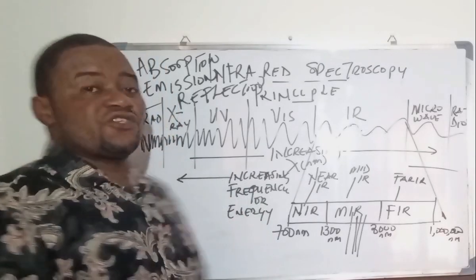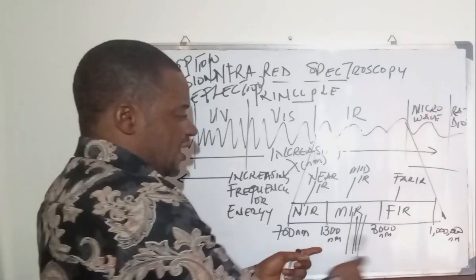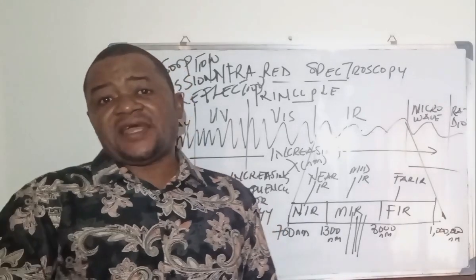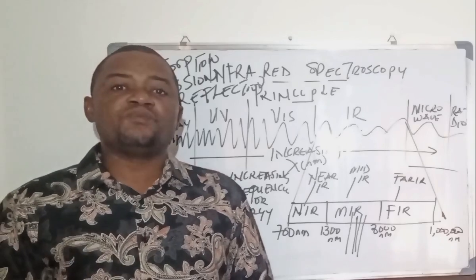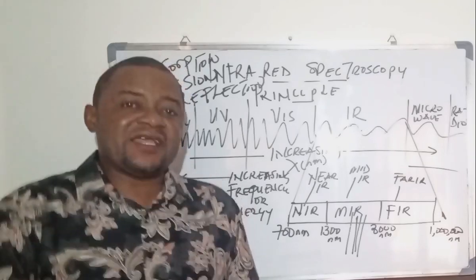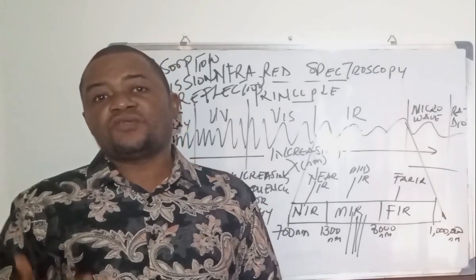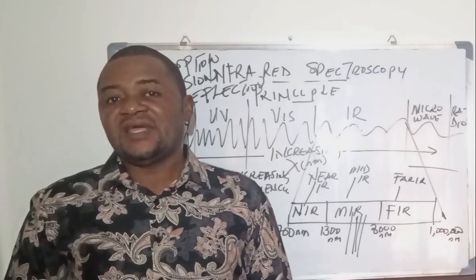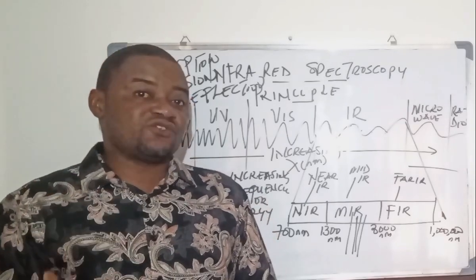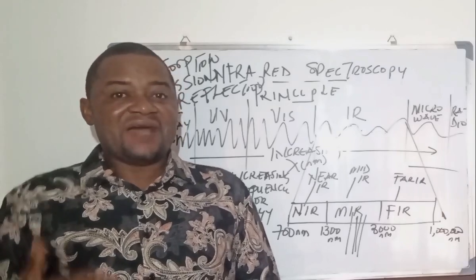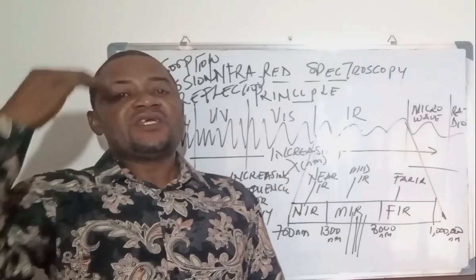So that radiation that is absorbed at this particular range is going to do what? Affect the dipole moment. And once that is done, there's going to be an effect on the vibrational or the rotational energy of the molecule. And once that happens, there's going to be an excitation of the vibrational energy at the ground state to the what? Excited state.